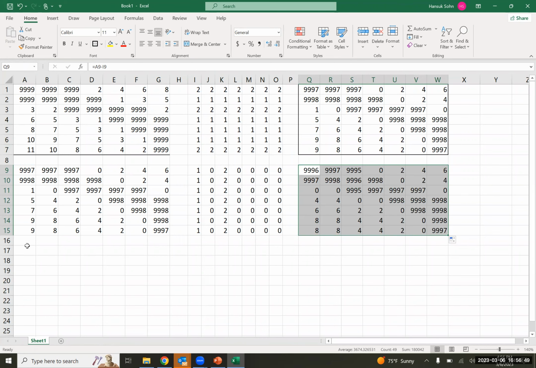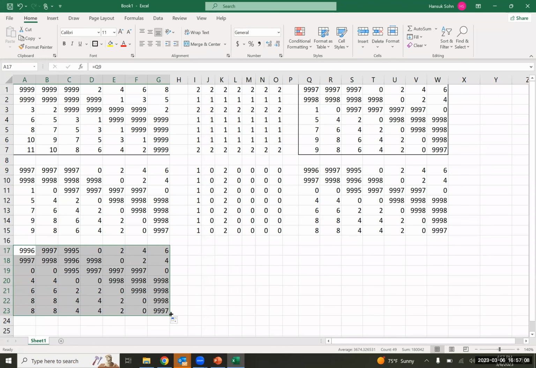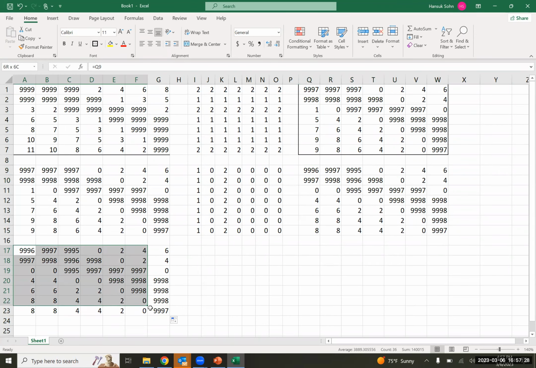So again, I'm gonna copy the same value. Okay, so this is it. So this matrix is after conducting the row reduction, and then we also got this matrix resulting from the column reduction, right? Which is exactly the same as this, right?